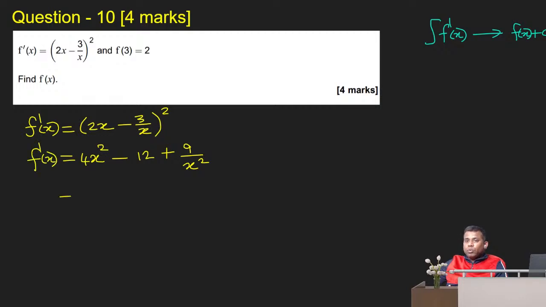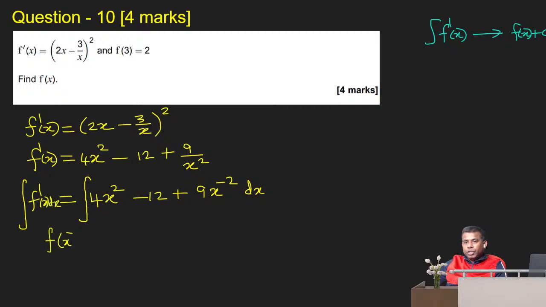Now I'm going to write this once more: 4x squared minus 12 plus 9x to the power minus 2. Now I'm going to integrate it. So the integration of f'(x) dx gives the f(x) function.